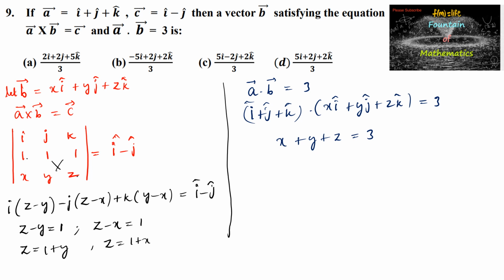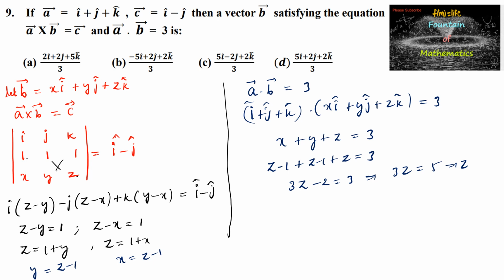Now let us substitute z is equal to 1 plus y, or we can write y is equal to z minus 1 and here x is equal to z minus 1. So z minus 1 plus z minus 1 plus z is equal to 3. So that is 3z minus 2 is equal to 3. So which implies 3z is equal to 5. So z is equal to 5 by 3.